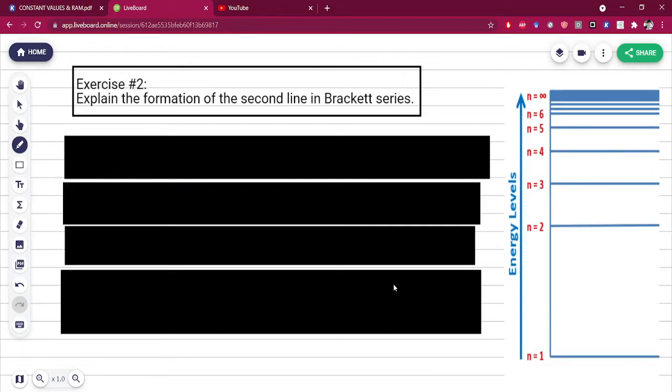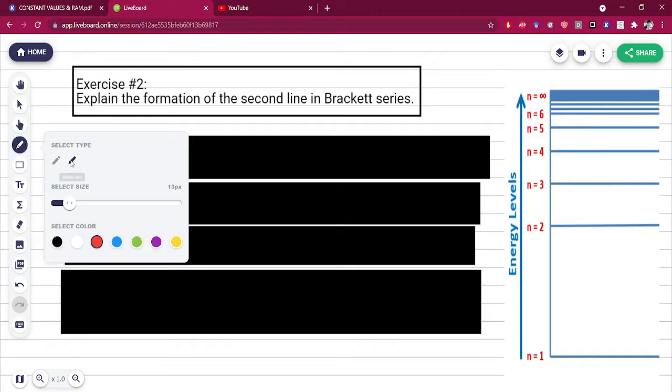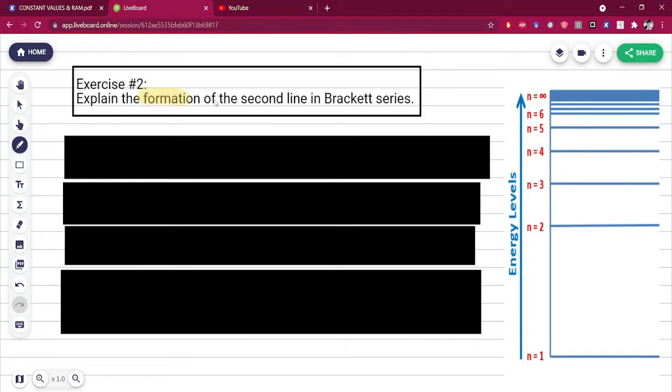Now, let's have a look at one example where it gives you a very specific line spectrum. Right here, the question wants you to write the explanation for the formation of the second line in Brackett series.